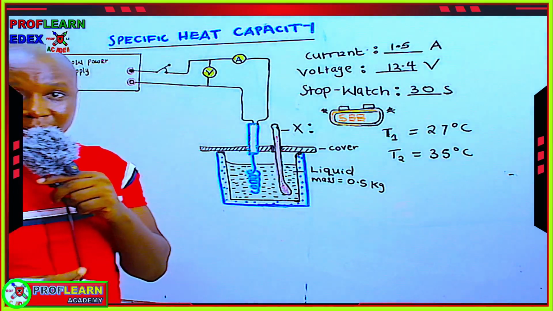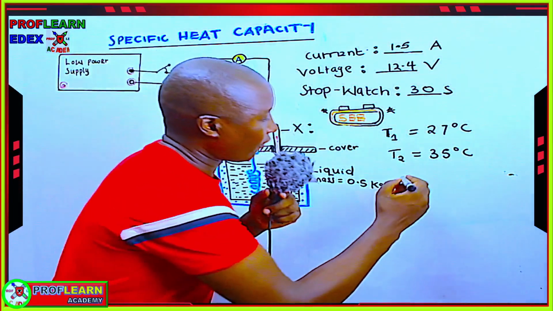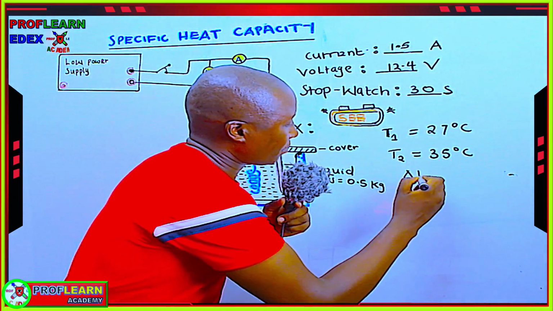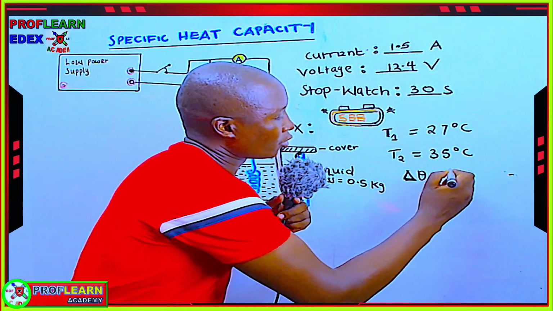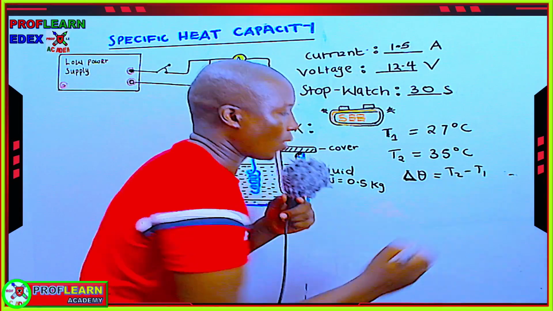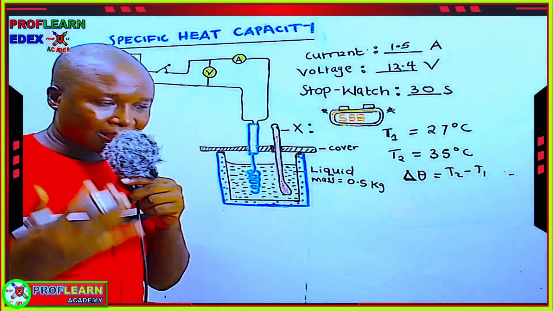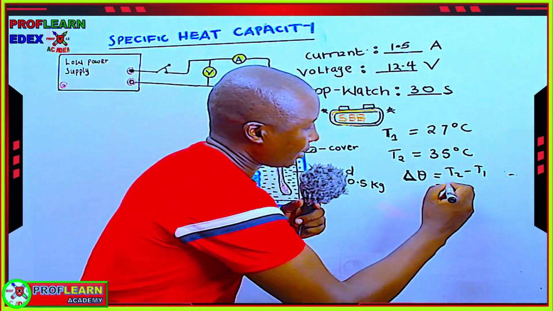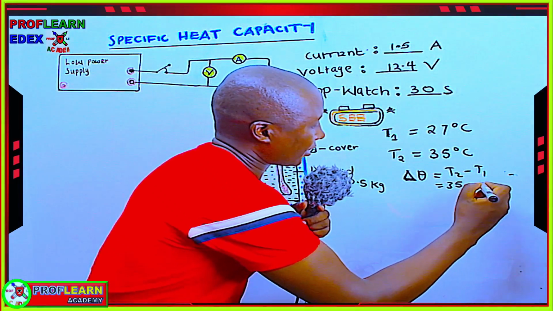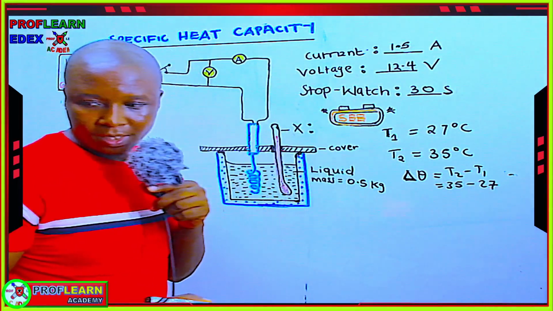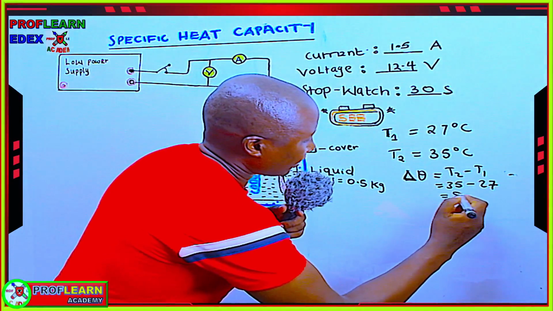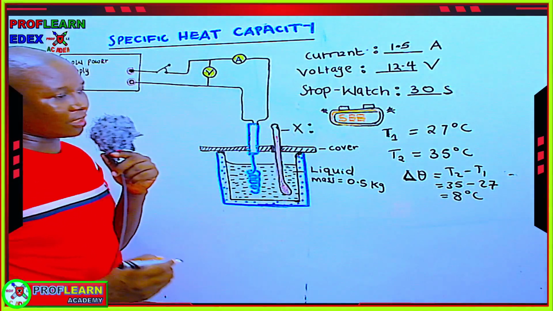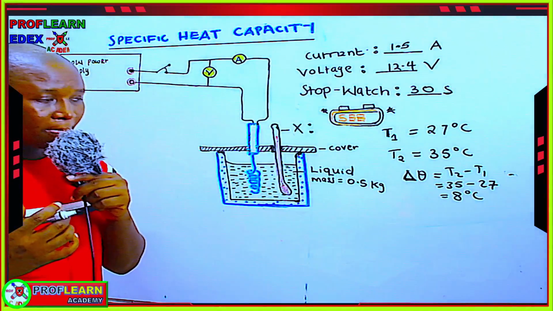Then we find the change in temperature, change in theta, which is T2 minus T1, that is 35 minus 27. If we subtract this, we get 8 degrees Celsius. That is the temperature change.